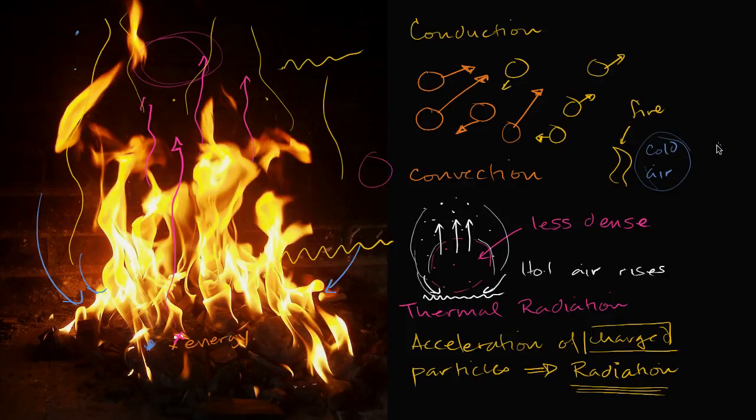If you are standing right over here, you would still feel like you're getting warmed up. That's because that electromagnetic radiation is being emitted from the air particles that we perceive as fire, and it can actually excite particles on your skin and transfer energy to your skin, so you feel like you are getting warmed up.